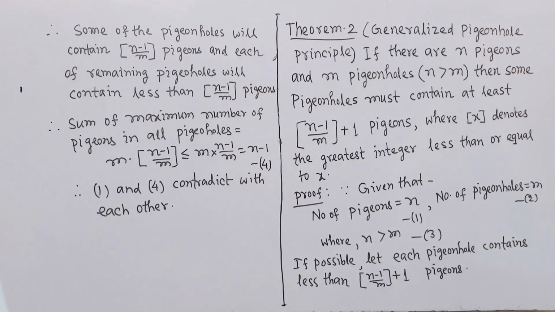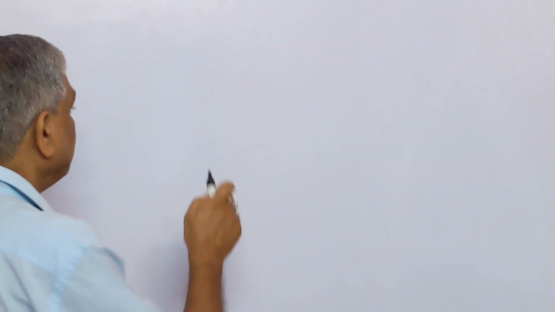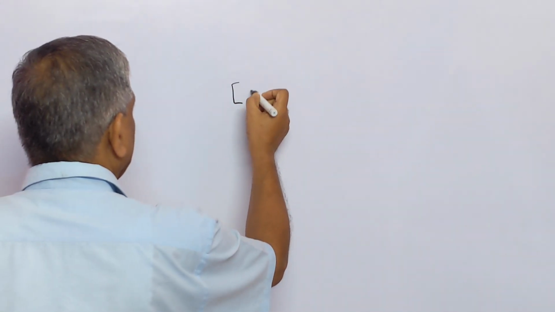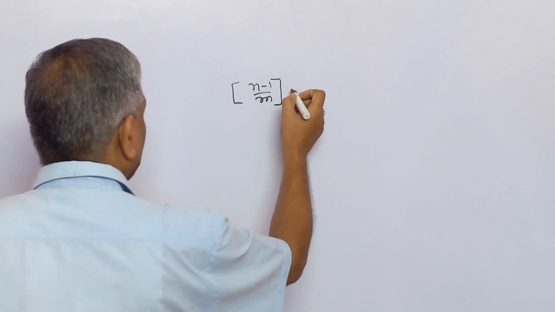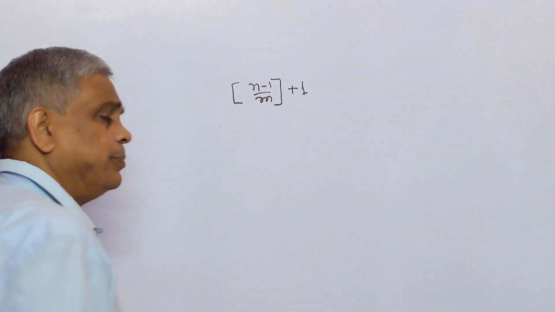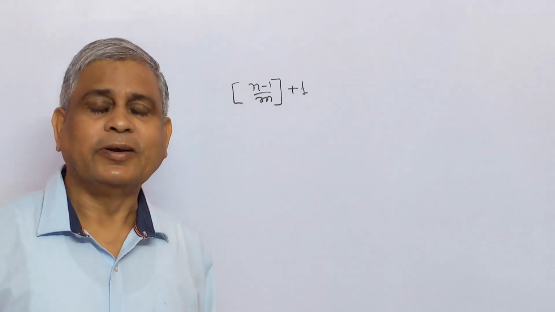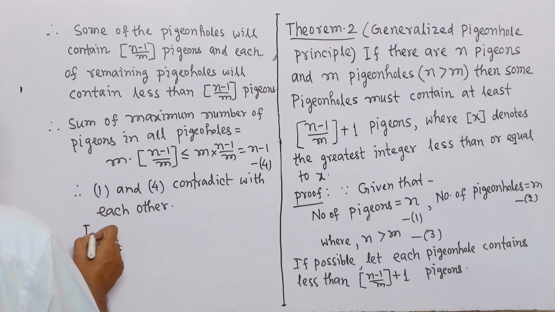Hence our assumption is wrong. Therefore some pigeonholes must contain at least floor of (n minus 1) by m plus 1 pigeons. Proved in other way.